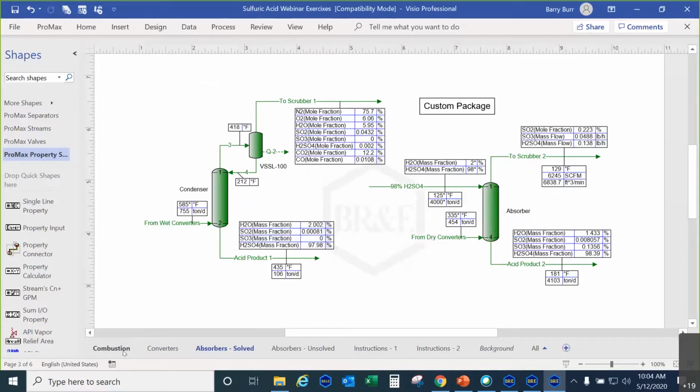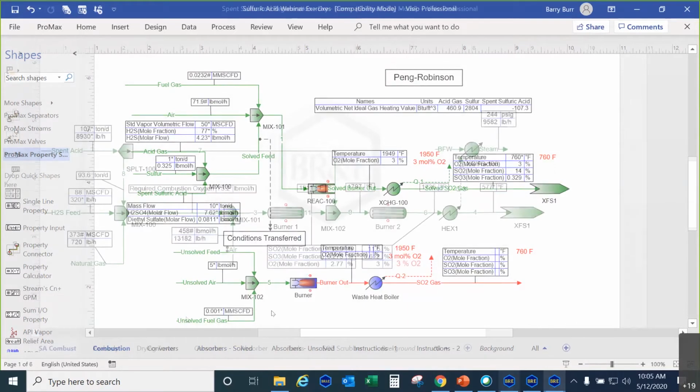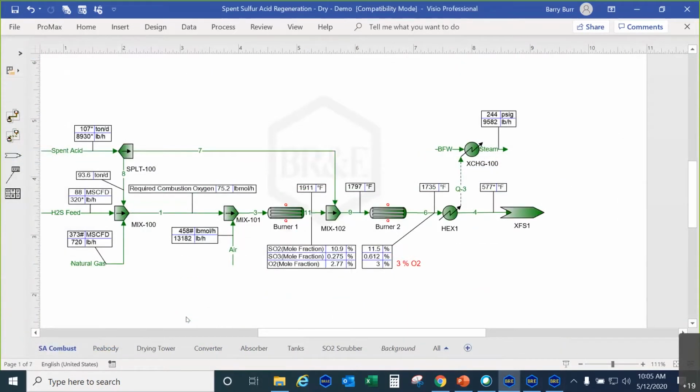Three things about sulfuric acid production plant simulations separate them from other typical simulations that you might perform. Basically, with sulfuric acid production, you have a feedstock that contains some sulfur, and you oxidize it. Or actually, in the case of sulfuric acid, you decompose it at high temperature.